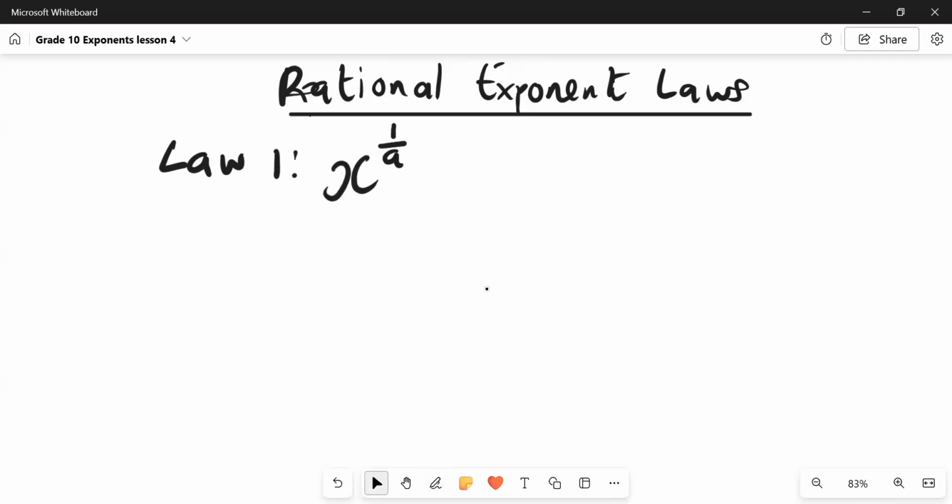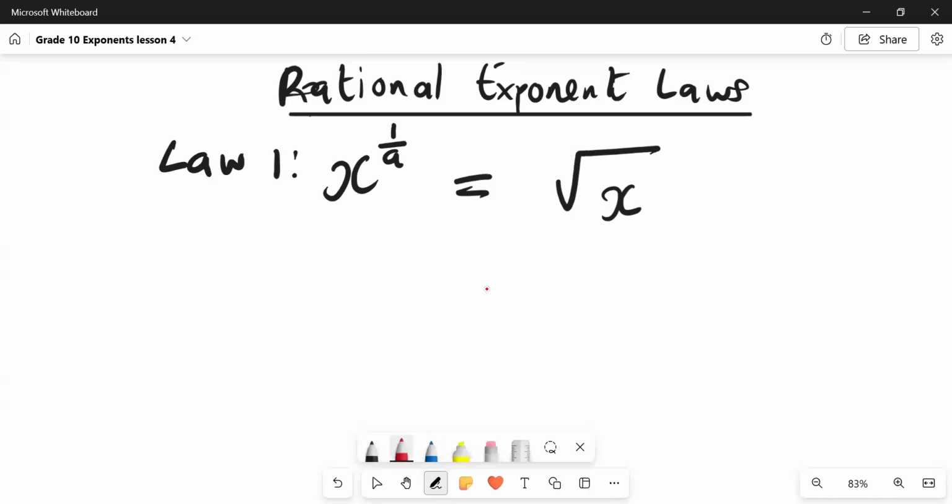Given a base to the exponent now of 1 over a, express this in a root form. The base should be inside, and then the a should be outside the square root.